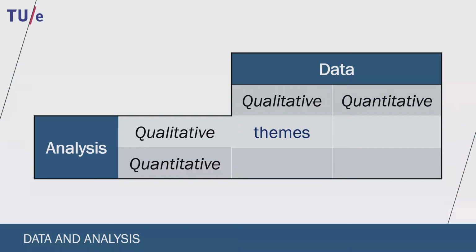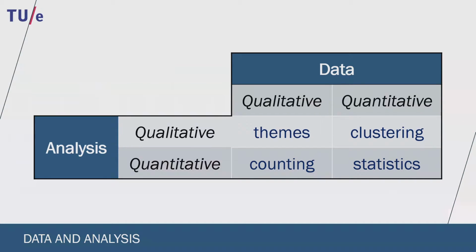If we want to do a qualitative analysis of quantitative data, we can do a so-called clustering analysis where we search for some clusters in our data. If we want to do a quantitative analysis of qualitative data, we can simply change words into numbers by counting events. If we want to do a quantitative analysis of quantitative data, we can make use of so-called statistics.